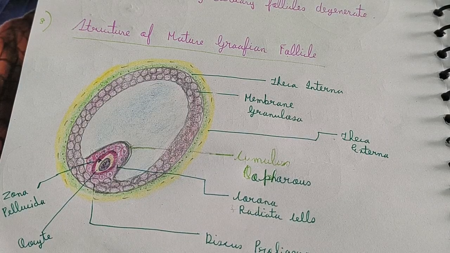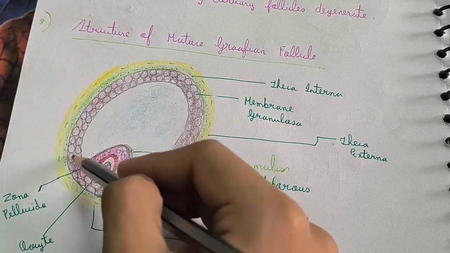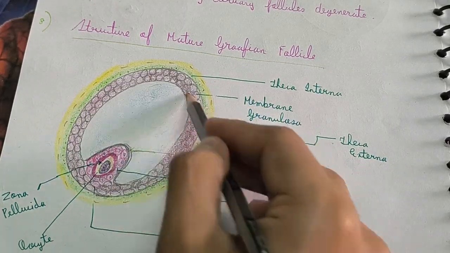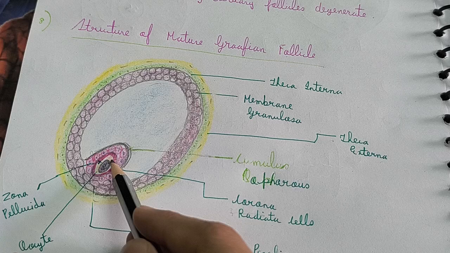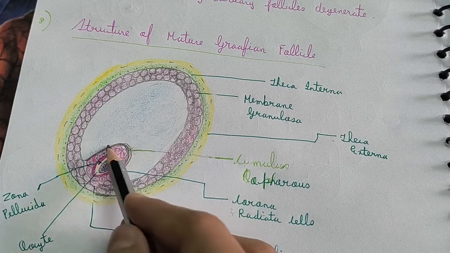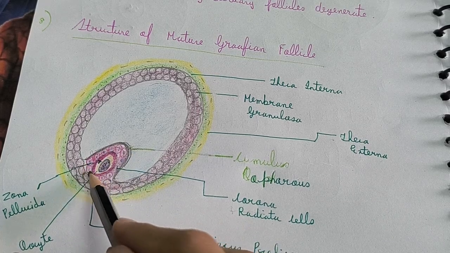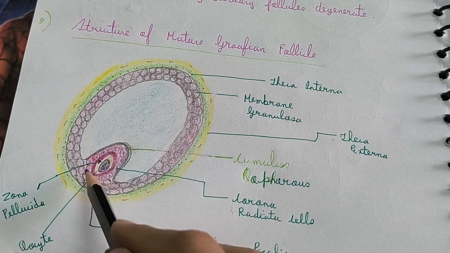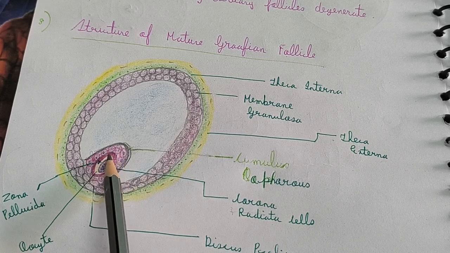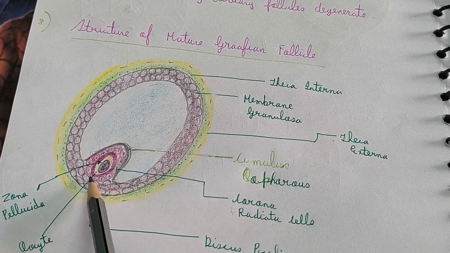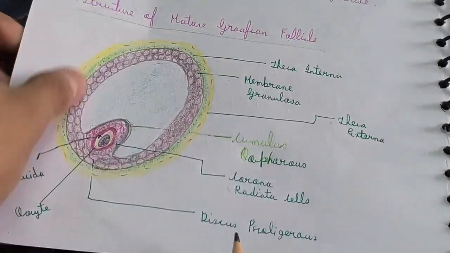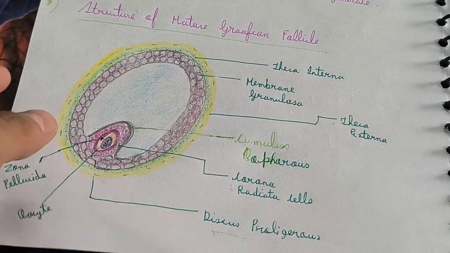Now here this is the wall of the follicle, and you can see that this oocyte, zona pellucida and corona radiata cells, all these structures attach at a specific point of the wall of the Graafian follicle, and that attachment of this oocyte, zona pellucida and corona radiata cells to the wall of the mature Graafian follicle is known as discus proligerus.